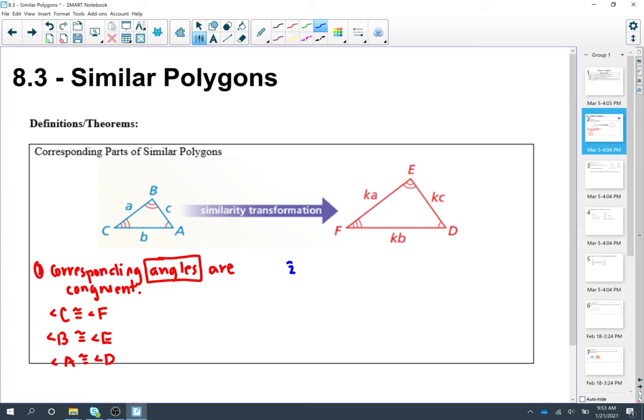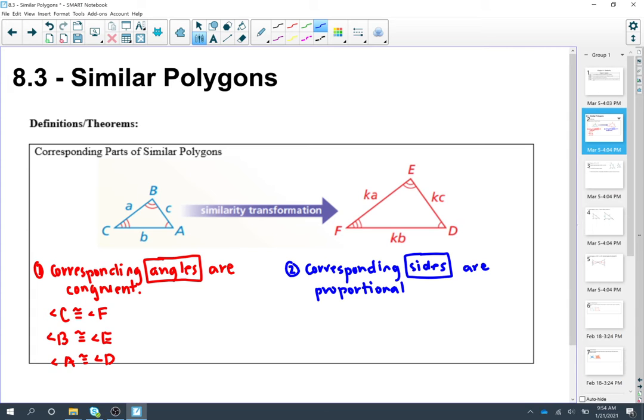And number two, corresponding sides are proportional. Now, what we mean by proportional is that essentially we're going to find our scale factor.